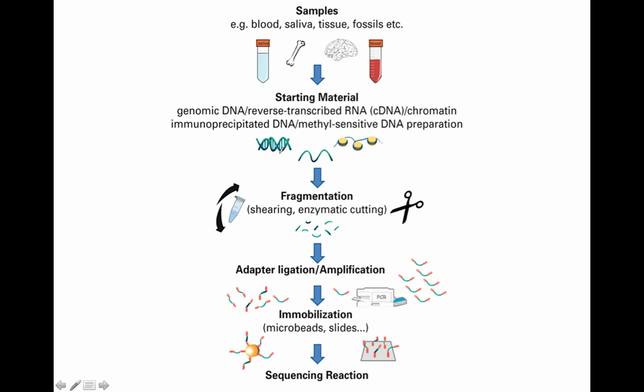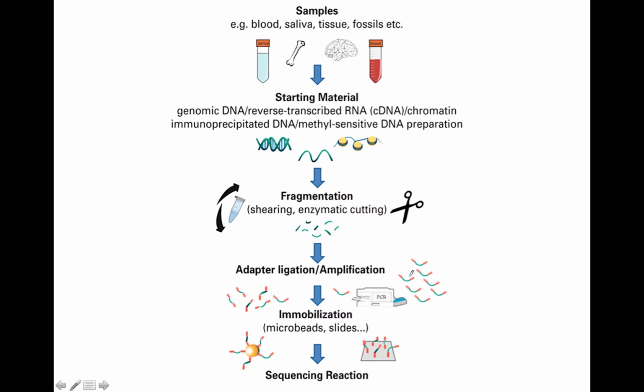The DNA is fragmented either by physical shearing. You could shake it, pipette it up and down to shear it to uniform sizes. Or you can cut it with enzymes to create some overlapping sequences. The next step then is to add an adapter to the ends.